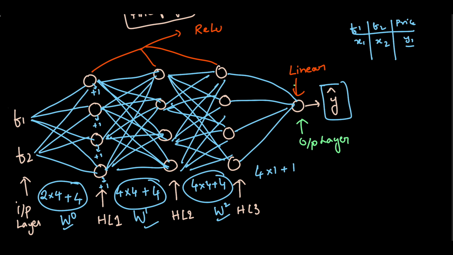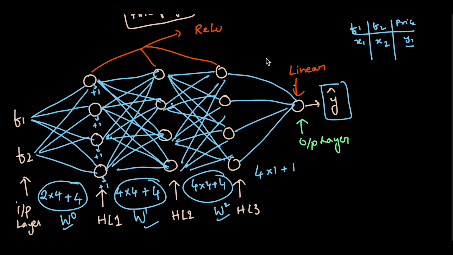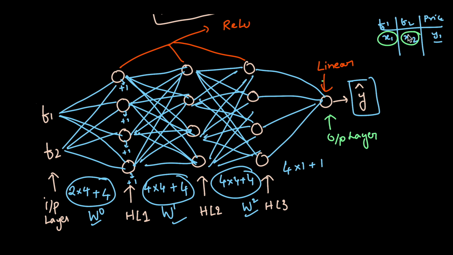And after initializing them, we'll be sending this x1 and x2 over here. So instead of f1 we'll be passing x1, and instead of f2 we'll be passing x2. And once we pass these two, we'll do some forward propagation. On doing the forward propagation, we'll reach over here, and finally we'll be getting the predicted output.